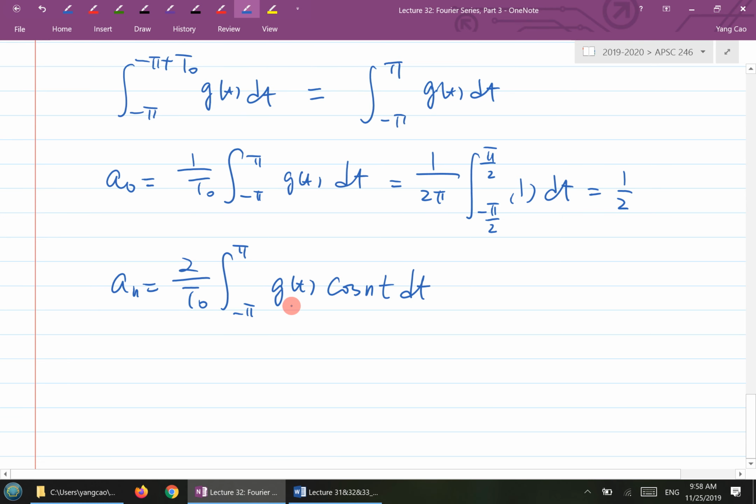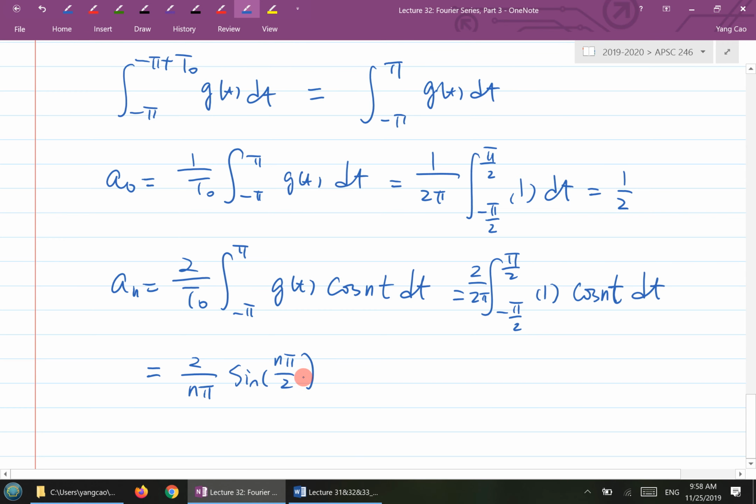And g of t is the value between negative pi to pi. So 2 over 2 pi, you're only integrating from negative pi over 2 to pi over 2. Within that range g of t is 1, and then you're integrating just cosine n t. The result of this integral is 2 over n pi sine n pi over 2. That's the result here.